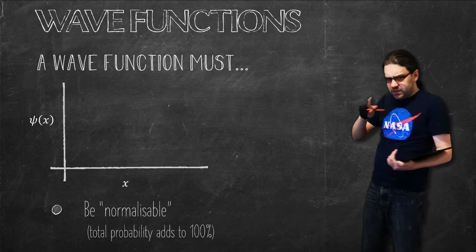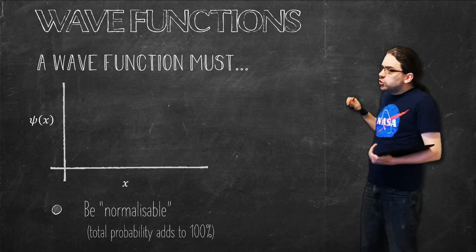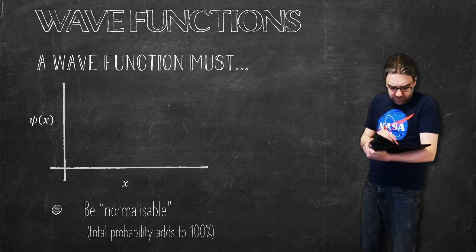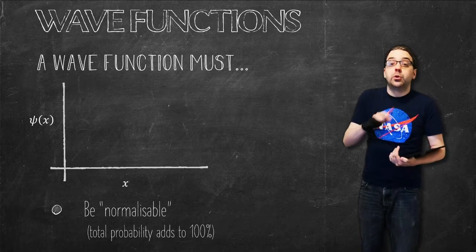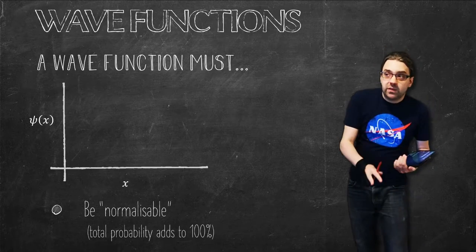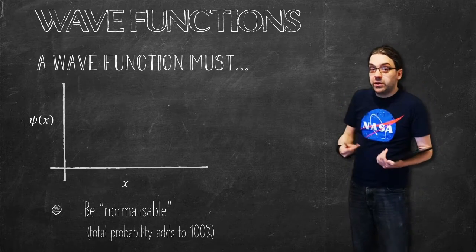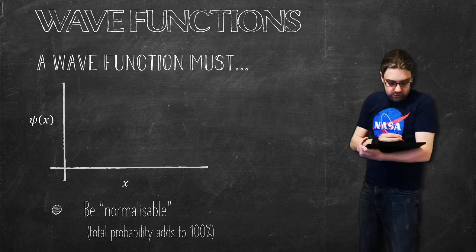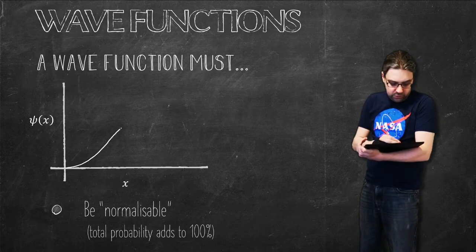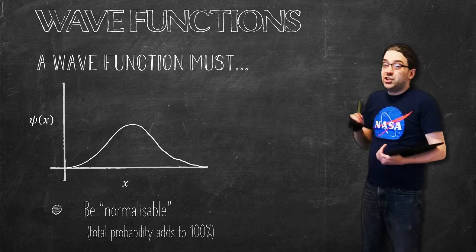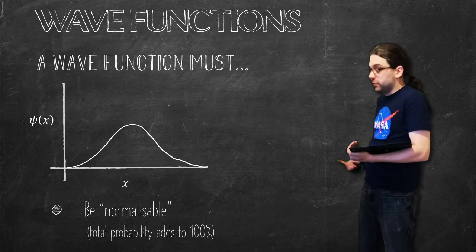And finally, and this is a more technical definition, it's got to be normalizable. So this in short means that the total probability has got to be 100%. We covered that in the vector type model that we looked at earlier, where all of those coefficients squared had to equal 1. Well, here, when we square the wave function, it's got to be able to be scaled to 1. And generally speaking, that just means we have to close the function off.